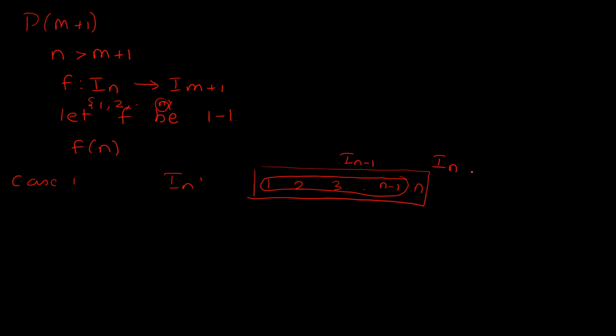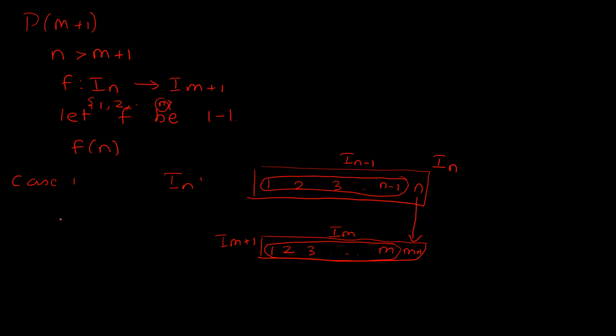Now I have this I_(m+1) set also. I_(m+1) will have 1, 2, 3, m and m plus 1 at the end. And this is the smaller set, which is a subset of it, that looks like I_m. So one of the possibilities is that n is mapped to m plus 1.